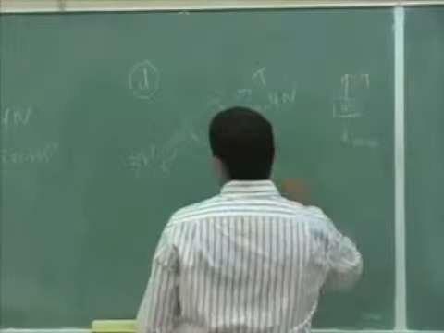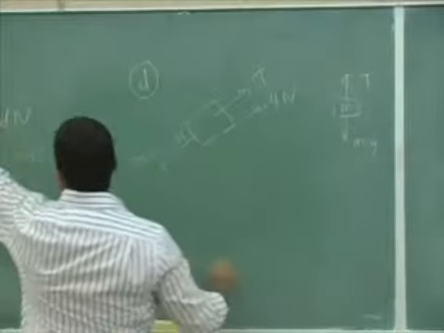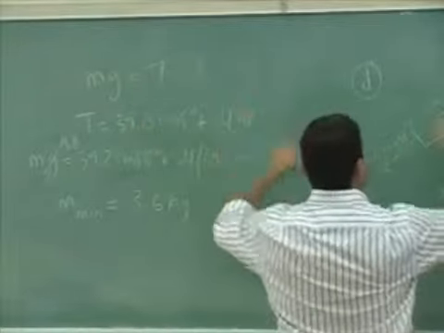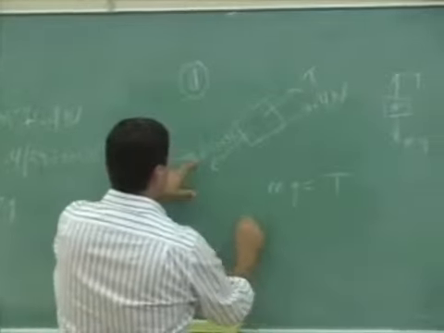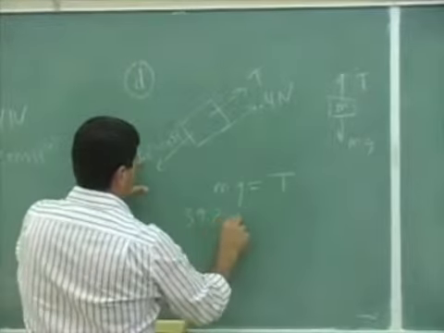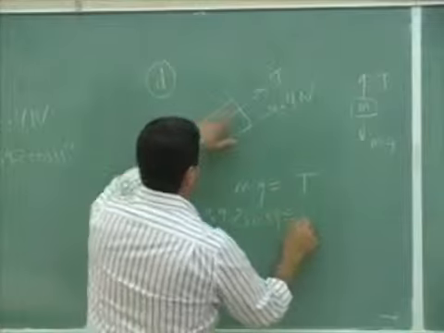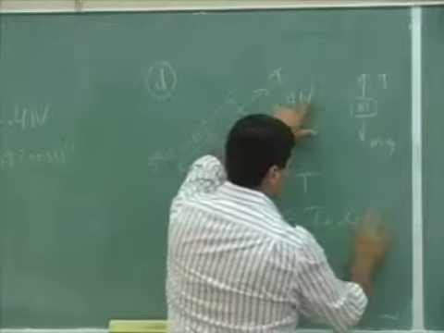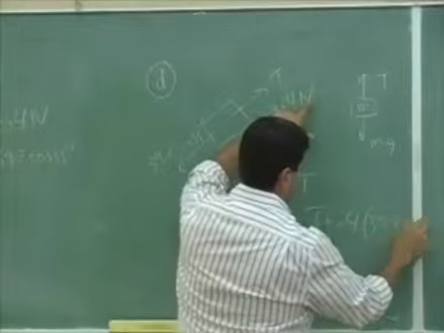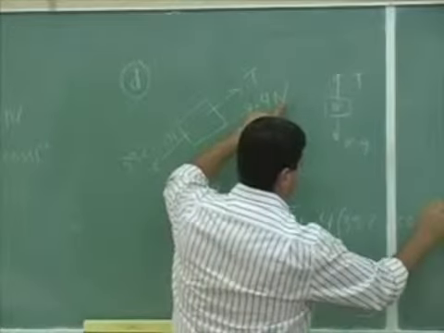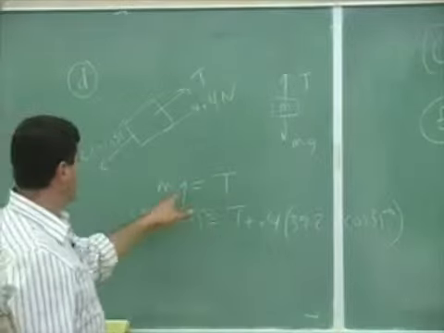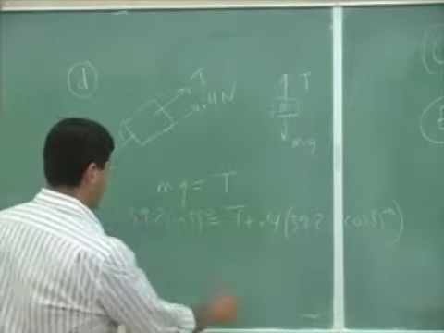So mg equals T. In a way, the setup is going to look like this. I'm going to set mg equal to T. Then I'm going to set 39.2 sine 35 equal to T plus 0.4 N. And then the N is still the same. And then the T here, I substitute the mg over here.